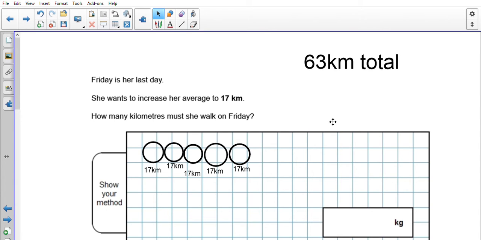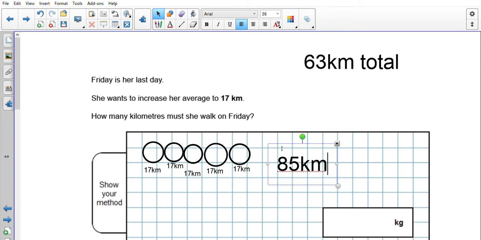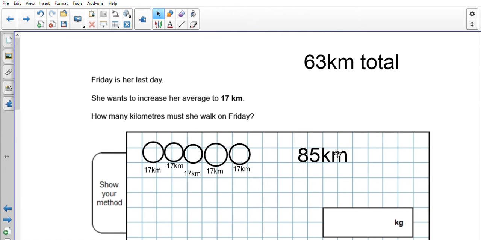Obviously, that's not the case, but she can make her average for each day 17 by increasing her daily distance on the final day. So if she had walked an average of 17 kilometres on each day, that would mean she had walked a total of 85 kilometres over the week, because that is 17 multiplied by 5, which gives you 85.